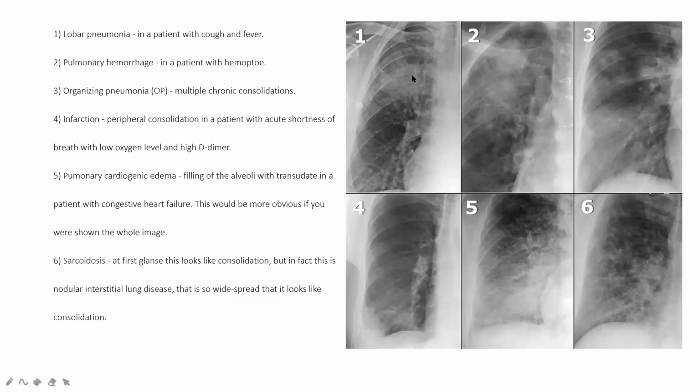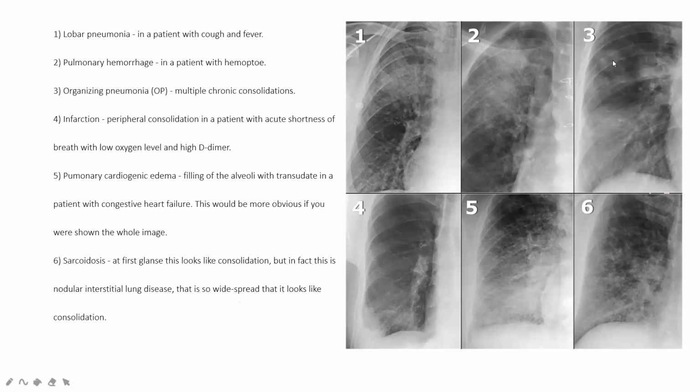So for instance, in this picture, there is a consolidation in the right upper zone. This is pneumonia. This looks very similar, doesn't it? Another consolidation in the right upper section, but this is pulmonary hemorrhage. But you wouldn't be able to distinguish between them, would you? So you would need more information, really.